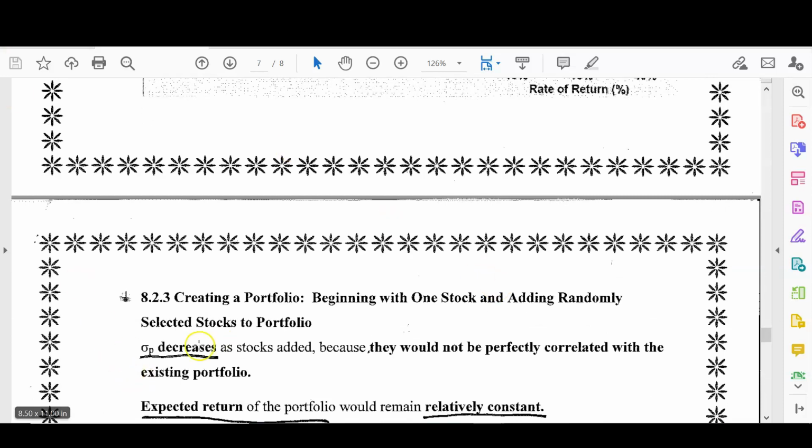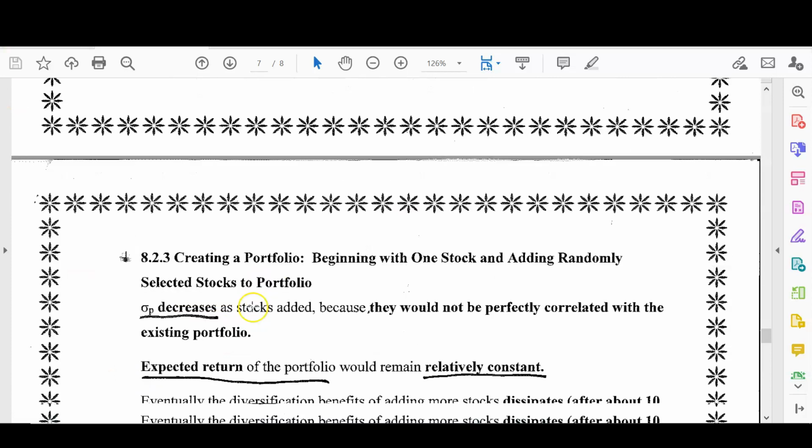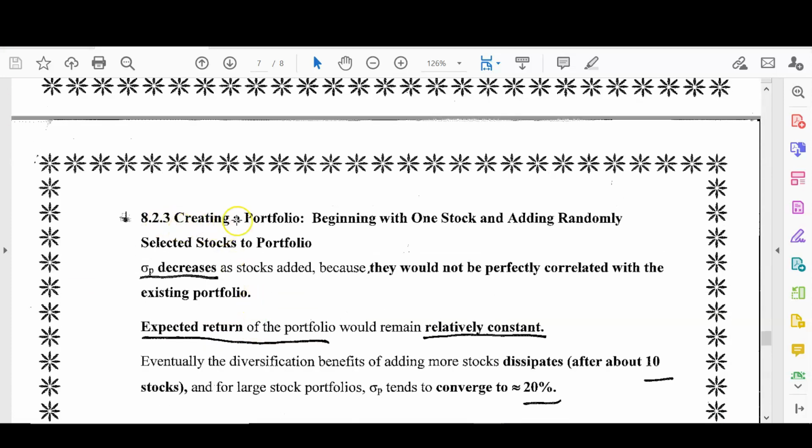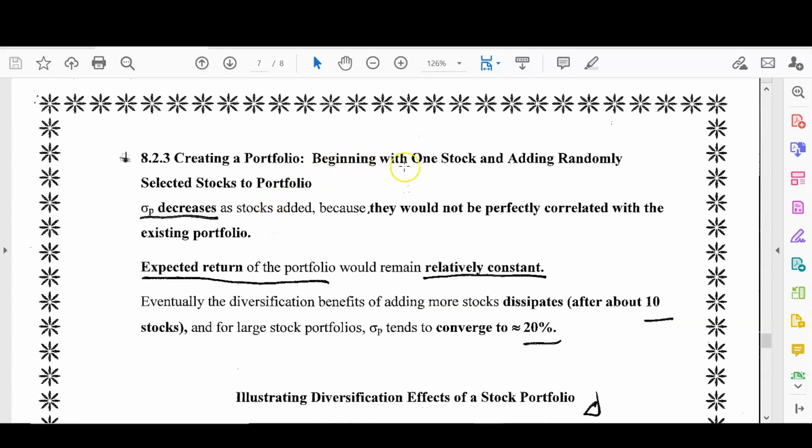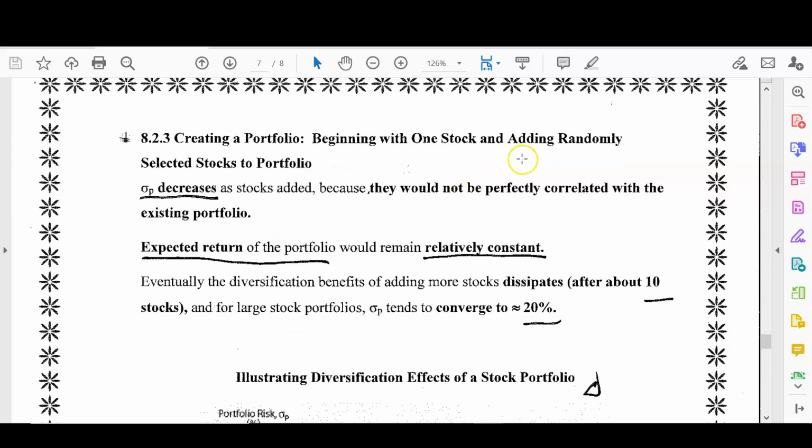If we create a portfolio beginning with one single stock, but add randomly selected stocks to the portfolio, we would see that the standard deviation for the portfolio decreases as stocks are added, because they would not be perfectly correlated with the existing portfolio.